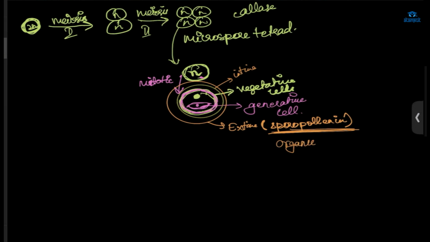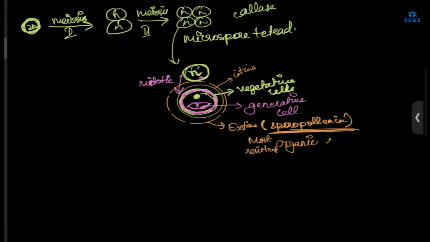It helps to withstand alcoholic and alkaline conditions; it is resistant. Any enzymes, any alkali or any acid is not able to break this sporopollenin. And also, there will be a pore, the germ pore. Got it? This is the shape of our pollen grain.